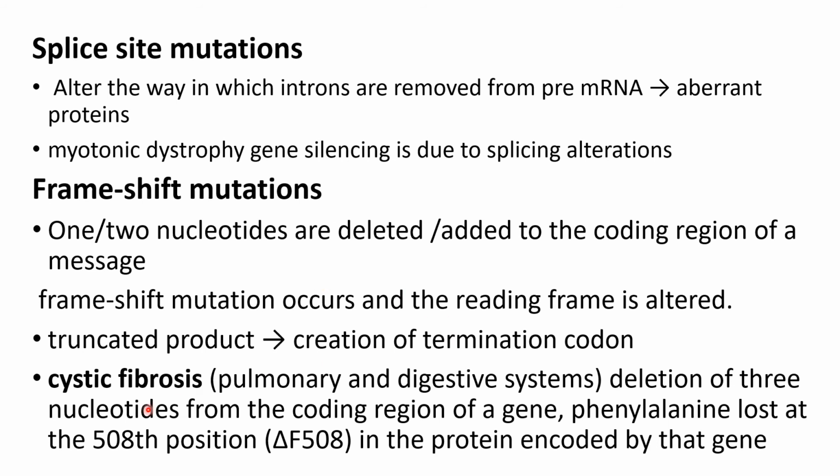The best example is cystic fibrosis, which is a pulmonary as well as a digestive disease. Here, the deletion of three nucleotides from the coding region of a gene takes place, and with this deletion, there is a loss of phenylalanine at the 508th position.